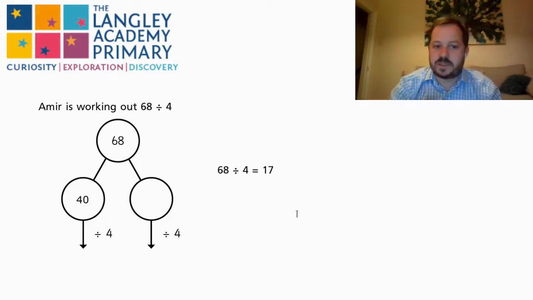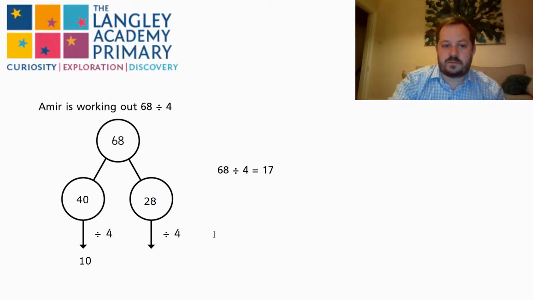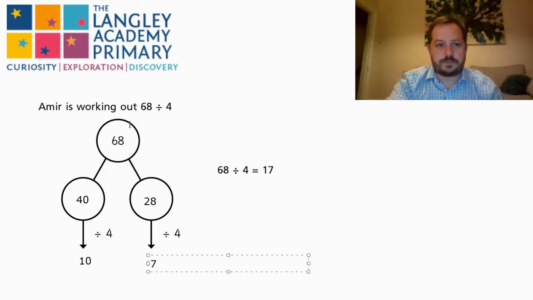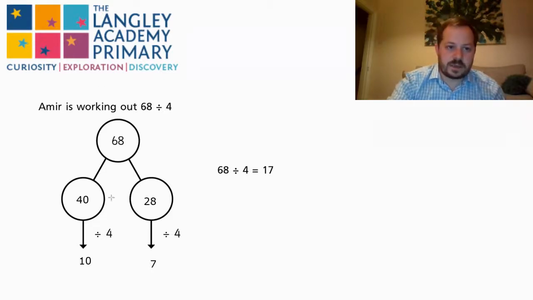I know that 40 is divisible by 4, so 40 divided by 4 is 10. Then I look at what I've got left over, and what I have left over is 28. I know 28 is also in the 4 times table, so I can put 28 there, divide it by 4, get my answer of 7. Once again, I can add those 2 together, and I get my answer.